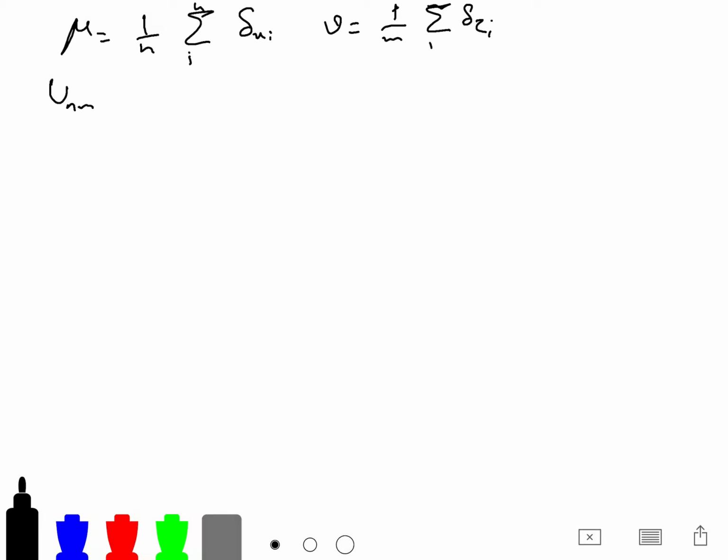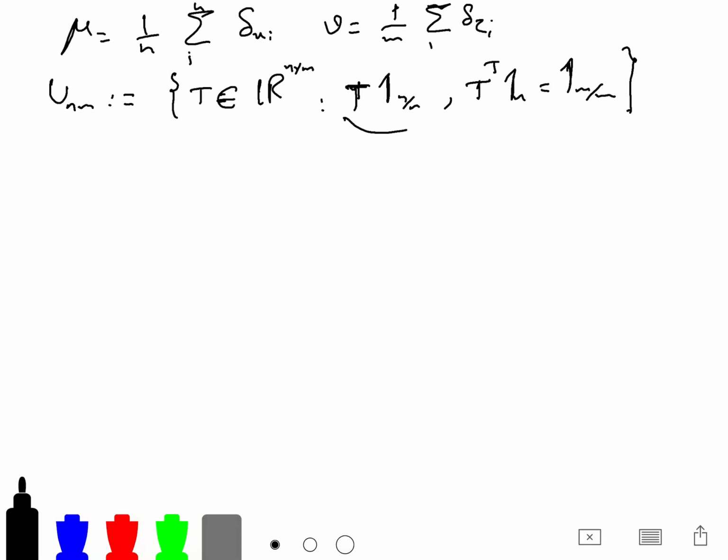So now U n m is the polytope of all n by m non-negative matrices, and this is inside R n by m. T should satisfy that its row and column marginals are equal to the vectors r and c respectively, T transpose 1m and so on.